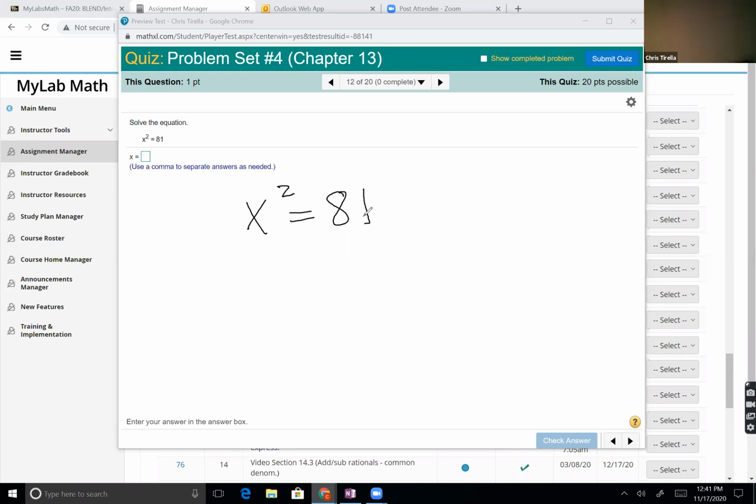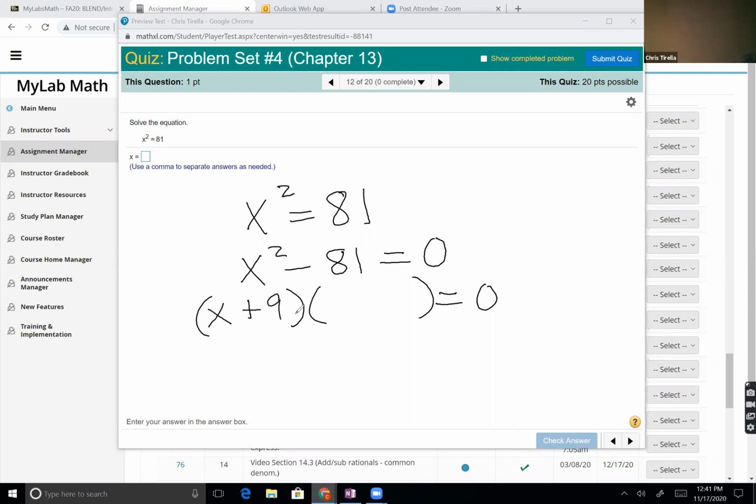You have to be careful. You don't want to think that way because it's squared. If I make one side 0, that's the difference of squares. It factors into x plus 9 times x minus 9.